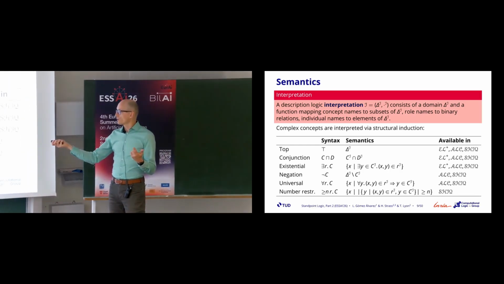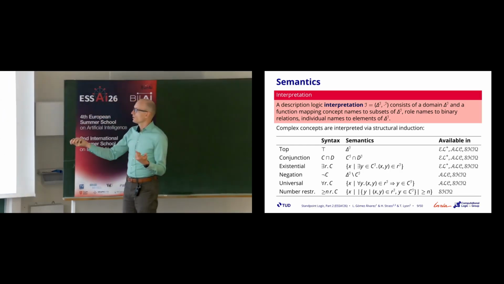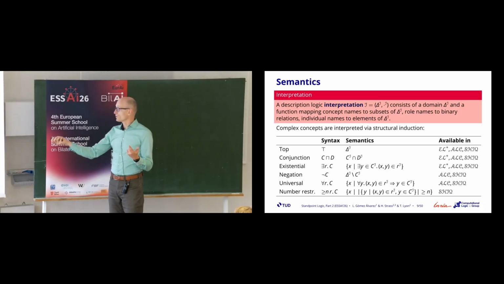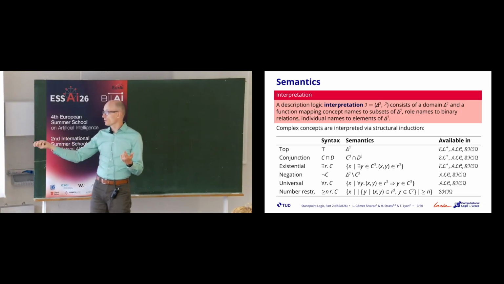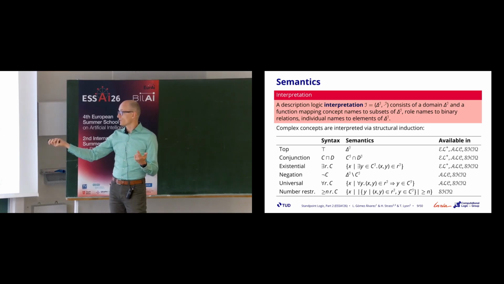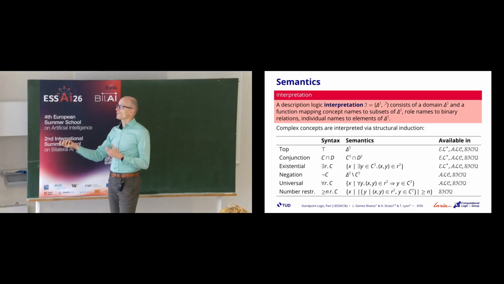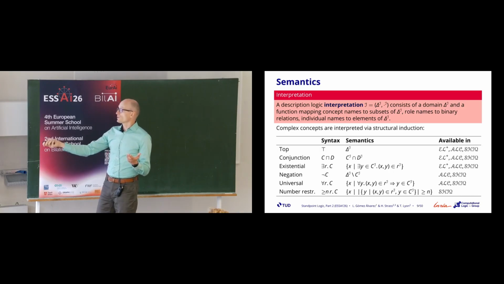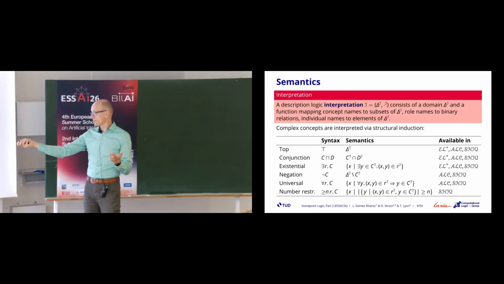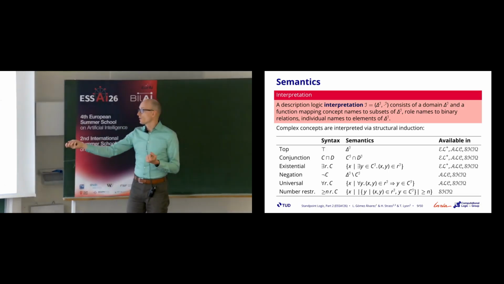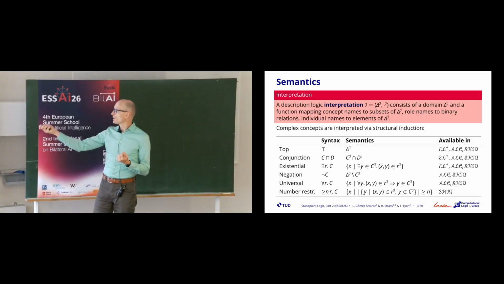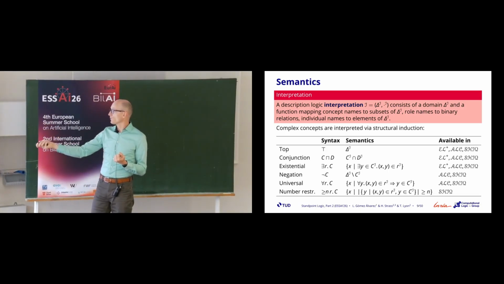Right? So the top concept, being true for everything, is interpreted as the set of all individuals. Conjunction is interpreted as the intersection of the individual interpretations of the conjuncts. Existential restriction, so exists R.C, is interpreted as the set of all X in the interpretation domain for which there exists a Y that is R related to X, right?